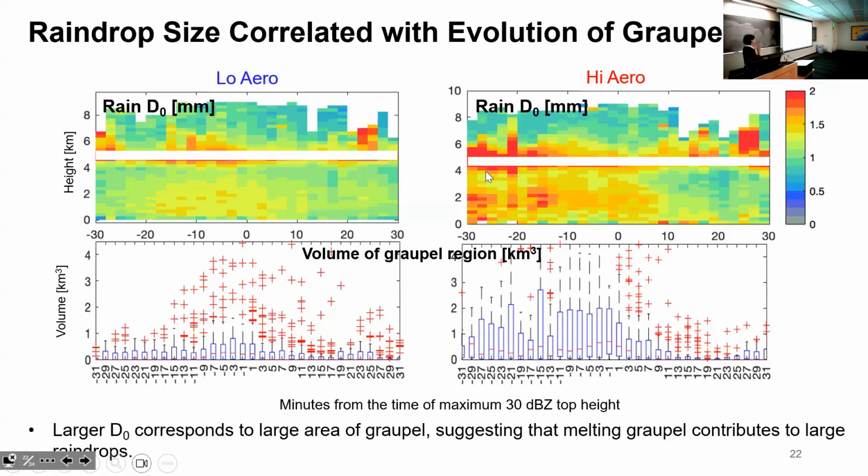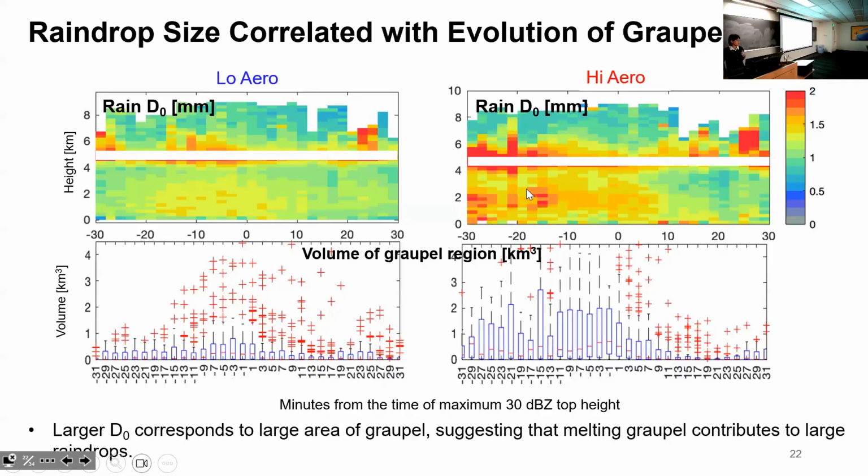Interestingly, these characteristics are correlated with graupel evolution. The bottom two plots show the time series of graupel region estimated by polarimetric radar measurement. As you can see, when the volume of graupel region increases, D0 increases, suggesting some role of graupel on the raindrop size distribution at the lower altitude.